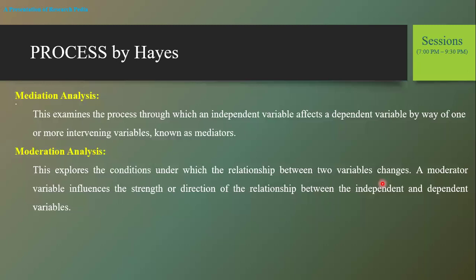In moderation, the direction or impact changes, while in mediation the relationship is explained. The moderator variable influences the strength or direction of the relationship between the independent and dependent variable.